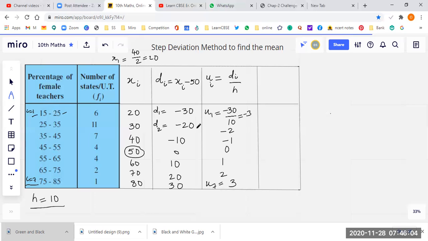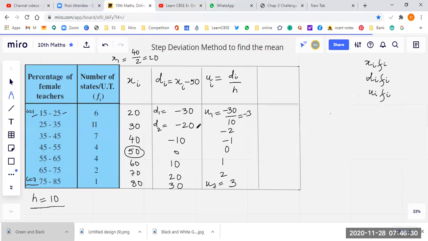Once you get ui, students, what do you do? In the direct method we used to multiply xi with fi, right? In the assumed mean method we used to multiply di with fi. In the step deviation method you will be multiplying ui with fi. Just remember that.